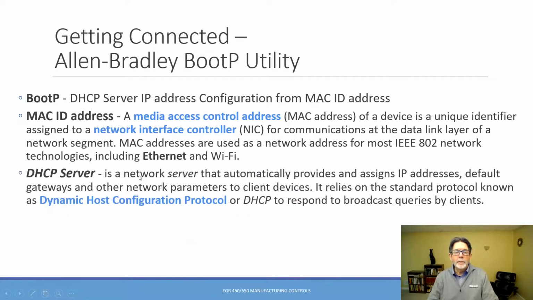The DHCP server, Dynamic Host Configuration Protocol, is the network server that automatically provides and assigns an IP address. So when we connect to the Grand Valley system, Grand Valley's DHCP server automatically gives us an IP address.